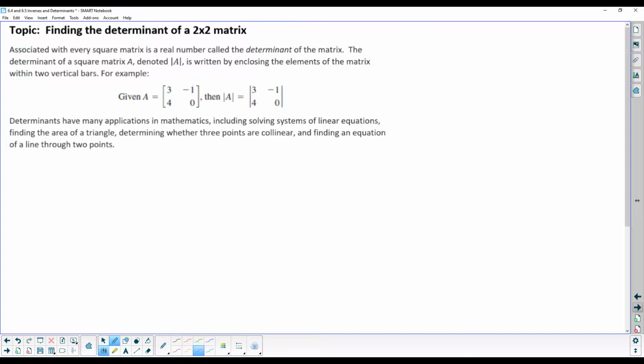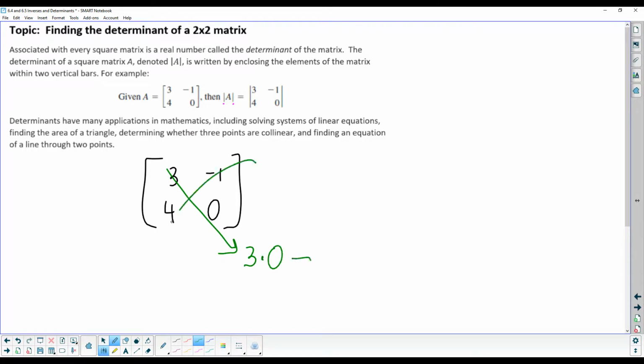Determinants use like absolute value bars. They don't have to mean absolute value. In matrix world, they mean determinant, but it's the same bars, right? So if you want to find the determinant of a matrix, it is this diagonal subtract this diagonal.